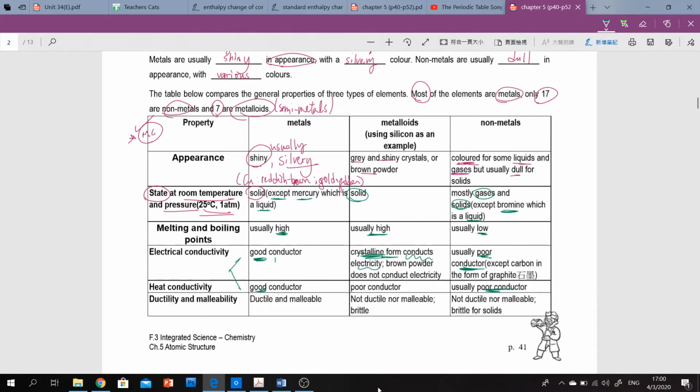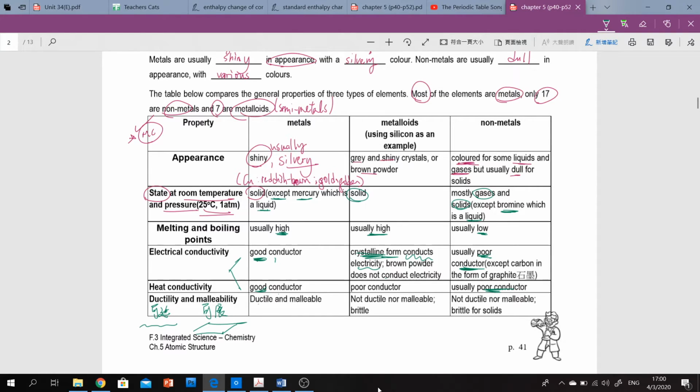Lastly, if you talk about ductility and malleability, ductility is the ability to be drawn into wire, while malleability is the ability to be hammered into thin sheets. Wire and thin sheets.